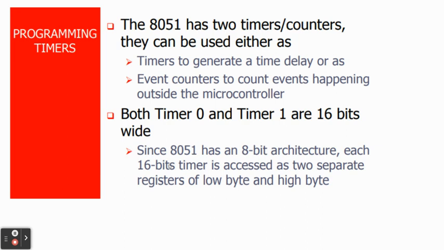Each 16-bit timer will be accessed as two separate registers. In other words, to get 16 bits, we need two 8-bit registers. One byte will be called the low byte, and the other byte will be called the high byte. Remember that one byte is equal to 8 bits.